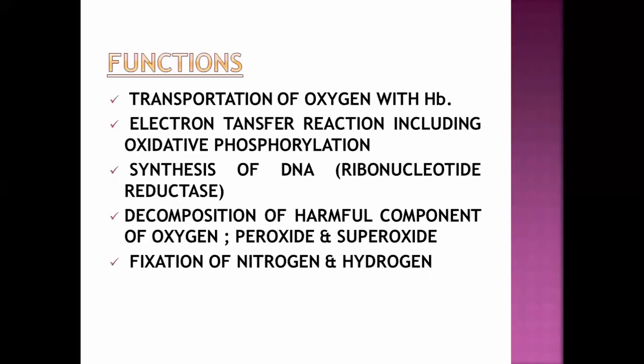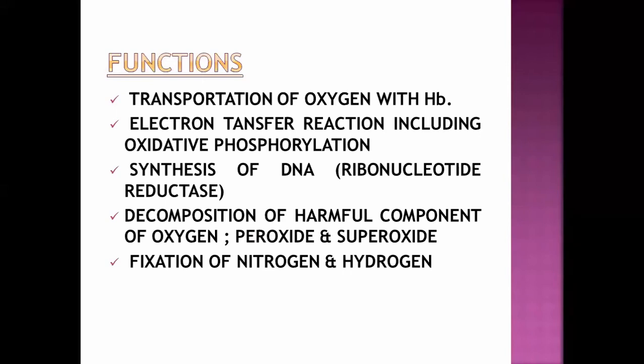Functions of iron in the human body. Number one, transportation of oxygen with hemoglobin. Iron is responsible for the transportation of oxygen with hemoglobin. Iron helps in electron transfer reactions, including oxidative phosphorylation.